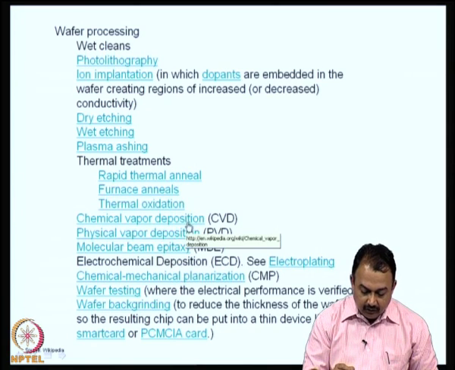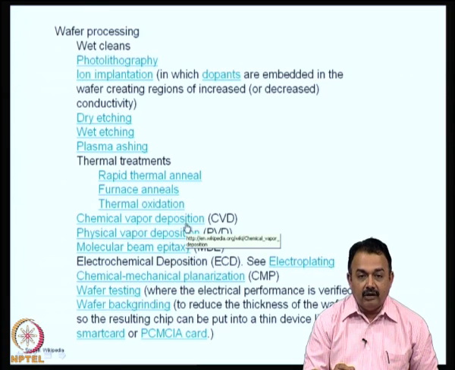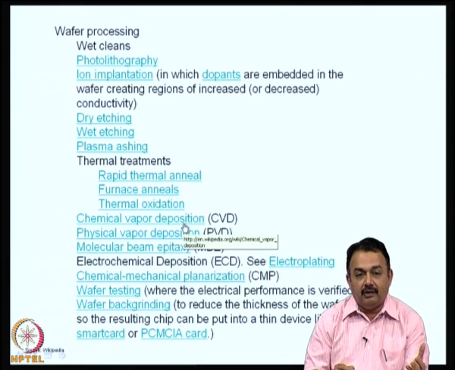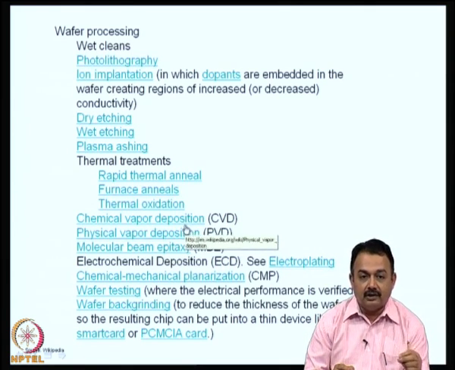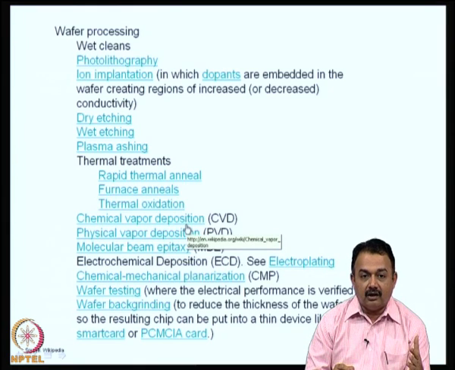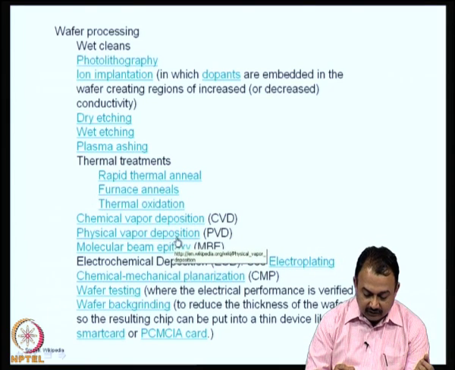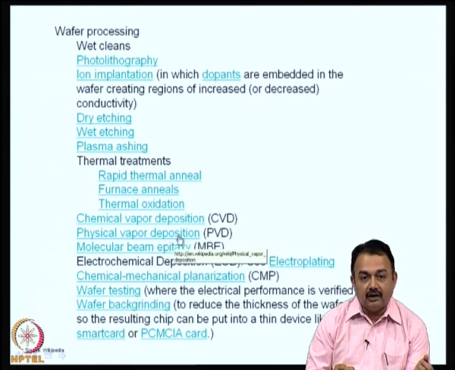Now, you can deposit metals or conductors using chemical vapor deposition, where a reaction between materials can deposit certain required chemical vapors, which can sit on the surface of the host material. Then you can have physical vapor deposition, again at different conditions.